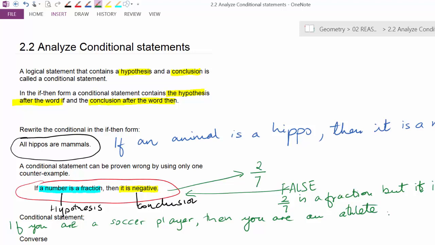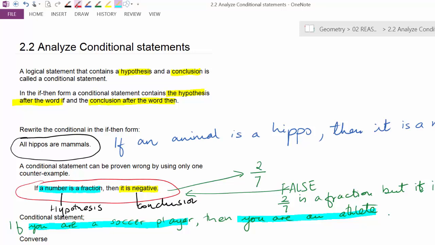Okay, so that's our original conditional statement. Let's go ahead and highlight the hypothesis which follows the word if, and we'll also highlight the conclusion which follows the word then. So converse, what's a converse? In a converse, you switch the hypothesis and the conclusion.